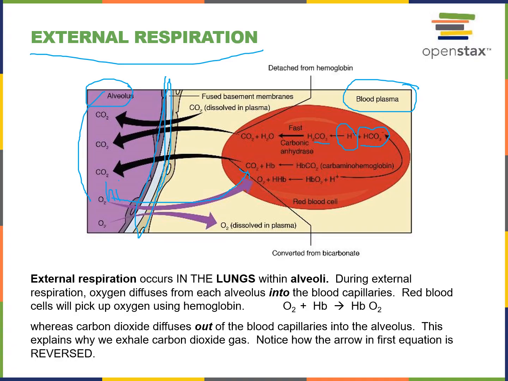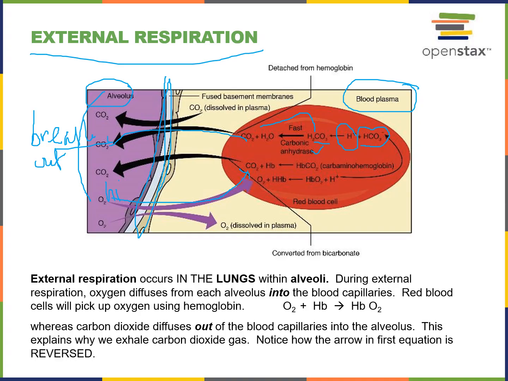And then there is an enzyme called carbonic anhydrase that's present in red blood cells that forces the H2CO3, the carbonic acid, to dissociate into carbon dioxide. And then the carbon dioxide diffuses into the alveolus, and then we breathe that out.